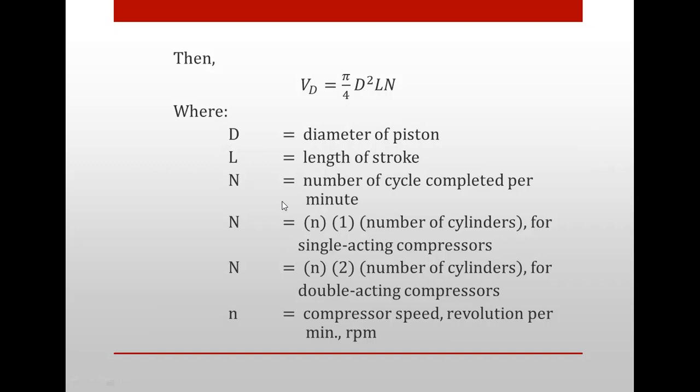The number of cycles completed per minute is obtained by N times 1 times the number of cylinders for single-acting compressors, and for double-acting compressors, it is N times 2 times the number of cylinders. The N refers to the compressor speed or revolutions per minute. Where the RPM is given, that is the compressor speed, and that is this small letter N.